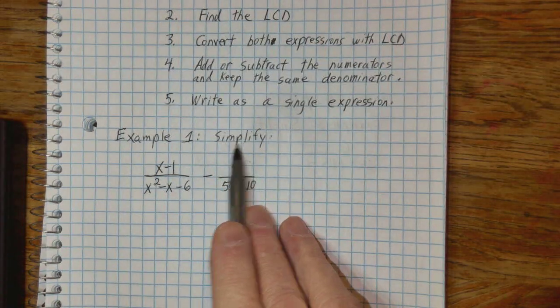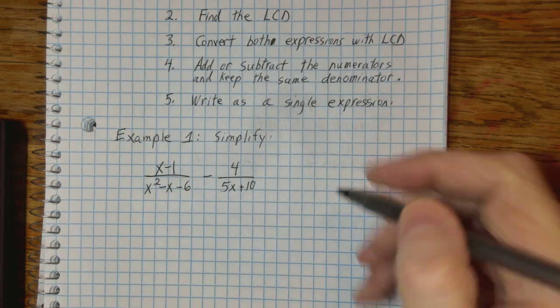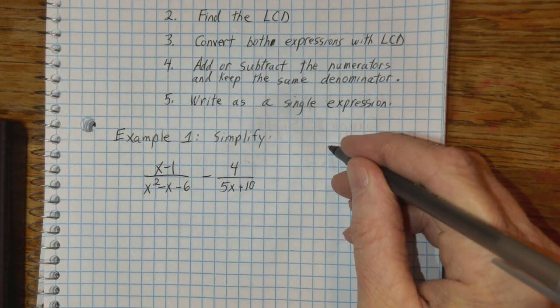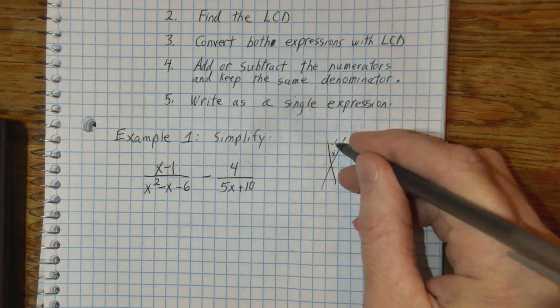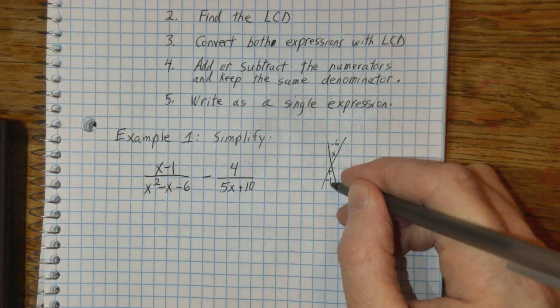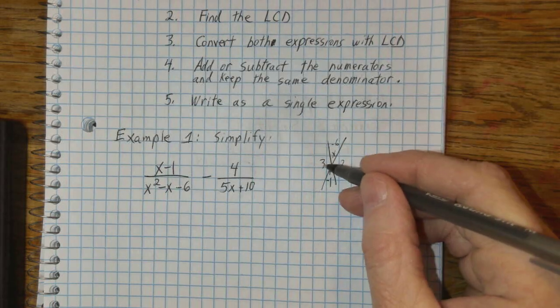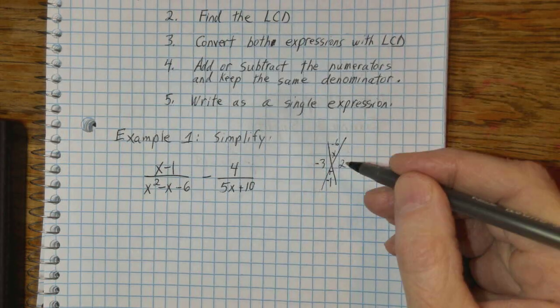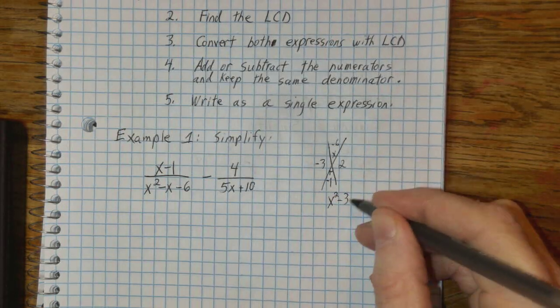We're going to simplify x minus 1 over x squared minus x minus 6. And I want to factor x squared minus x minus 6. So I need two things that multiply to negative 6 and add to negative 1. 3 times 2. Let's make this one negative. So we're talking about x squared minus 3x and plus 2x minus 6.